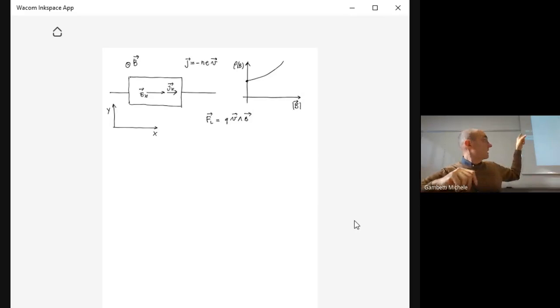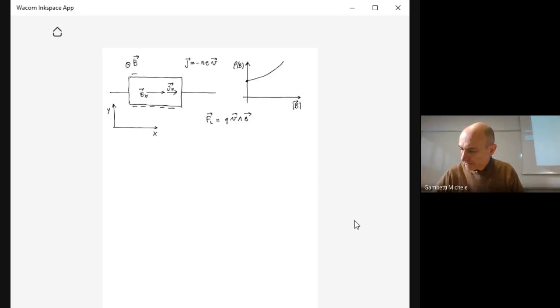This means that if the electron is the particle that carries the current, the force on the electron is downward. So the right part of the slab charges in a negative way because the electrons are forced to go to the right. The left part of the metal charges in a positive way because you move negative charges from the left to the right.